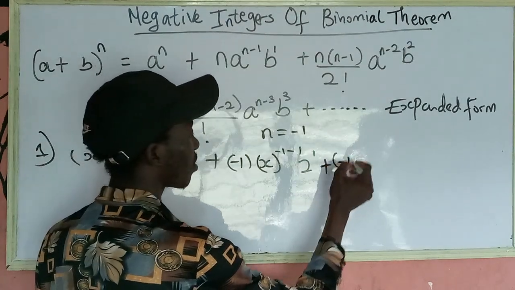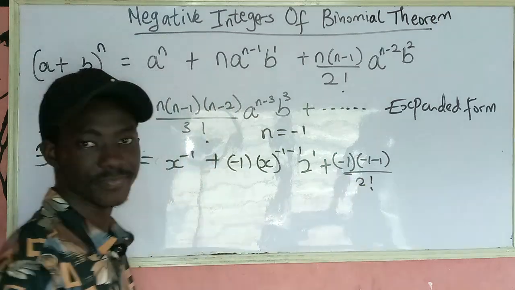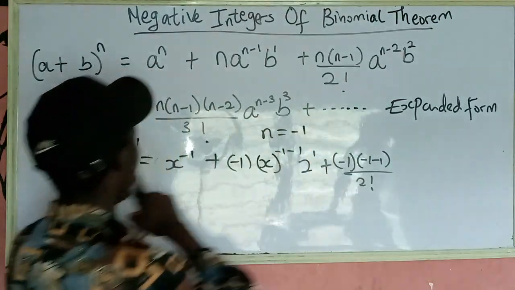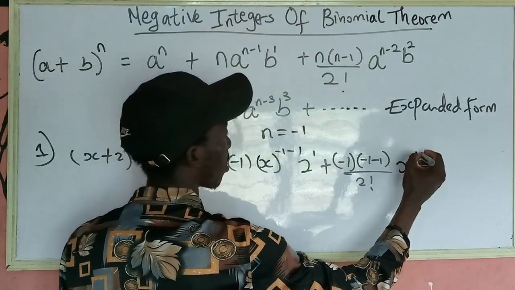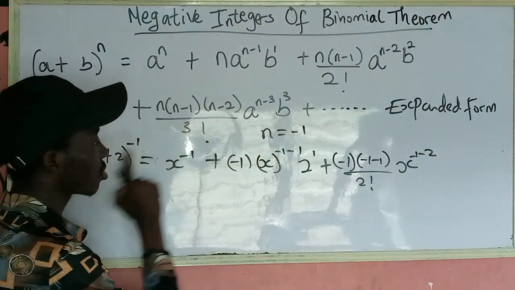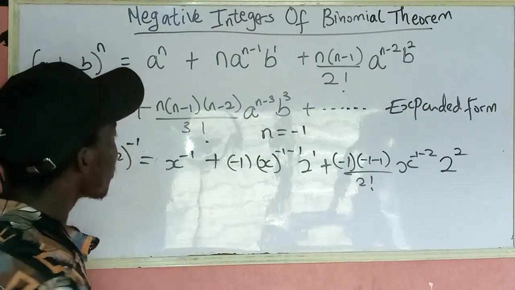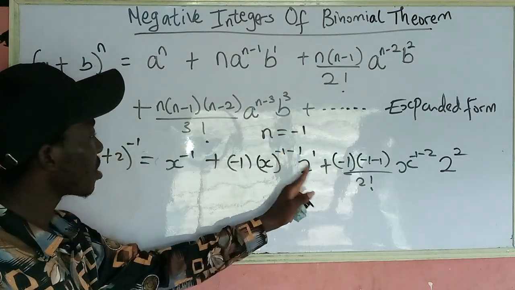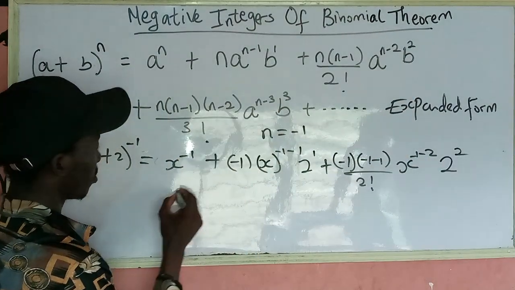Next you have minus 1 times minus 1 minus 1 over 2 factorial, and you have x to the power n, which is minus 1 minus 2, and a 2 raised to power 2. So you subtract 1 from this, you decrease by 1; subtract 2 from this, you decrease by 2, or you increase that by 2.